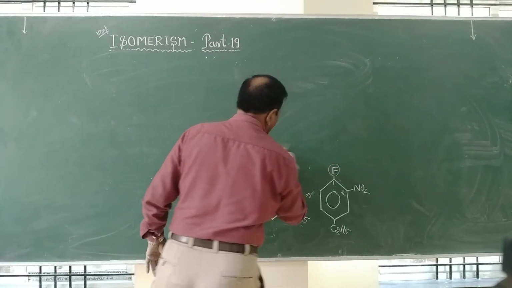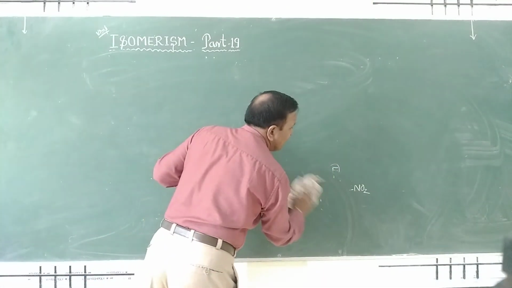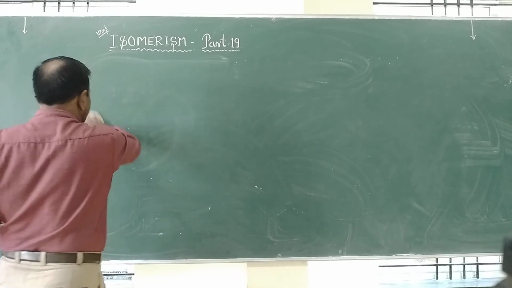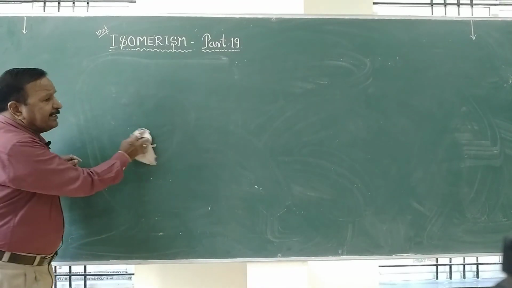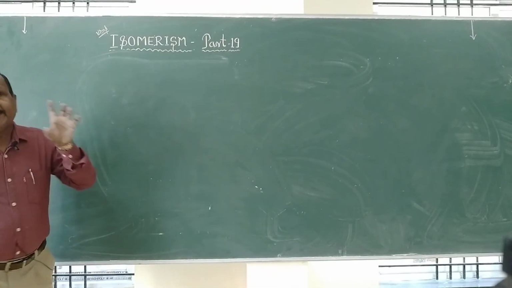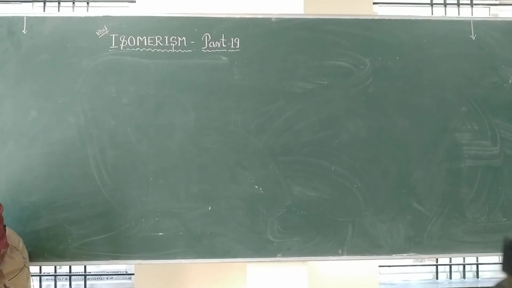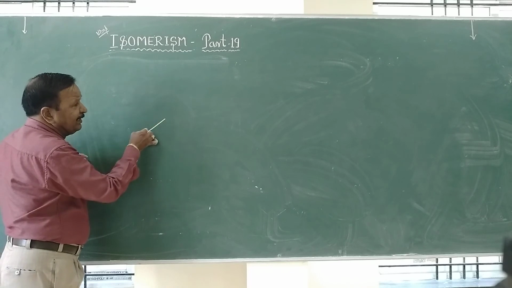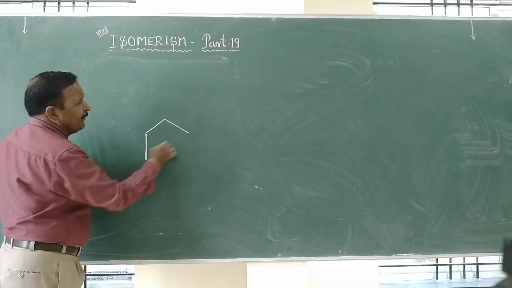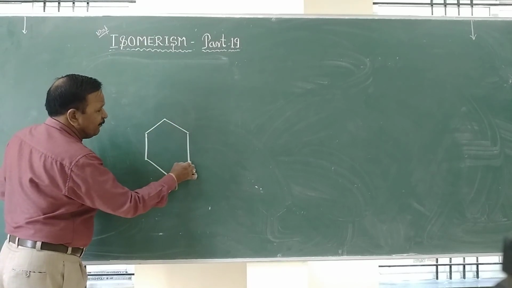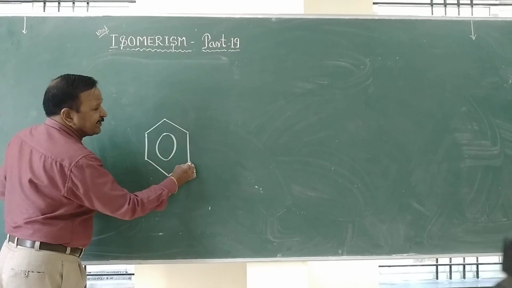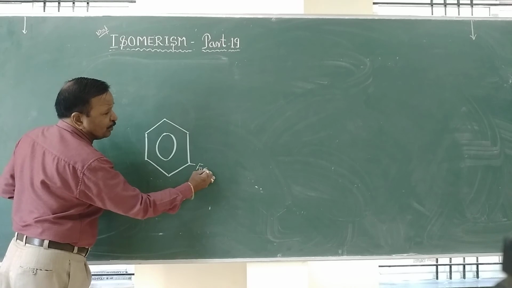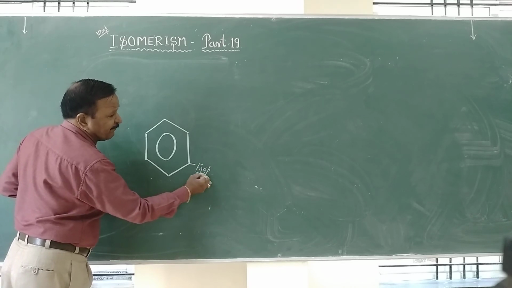1, 2, 3, 4, 5, 6. Six numbers are fixed in the benzene ring, but the positions of 1, 2, 3, 4, 5, 6 do not depend upon us. It depends upon the selection of the first functional group. Once again, I will repeat here. If you start the functional group from here, imagine this is the functional group you are going to start and which is first preferential.